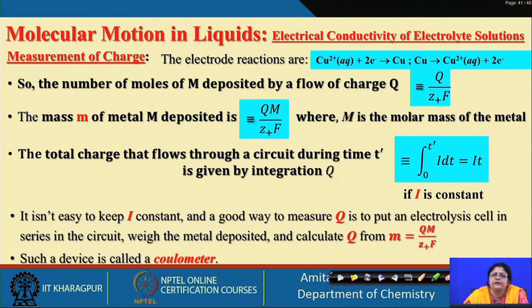In this experiment we have kept the current constant. Because the current is constant, the integration value comes to I t. Otherwise, if it were a variable function, it would have to be integrated separately.